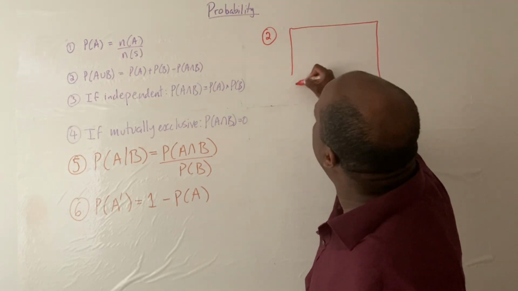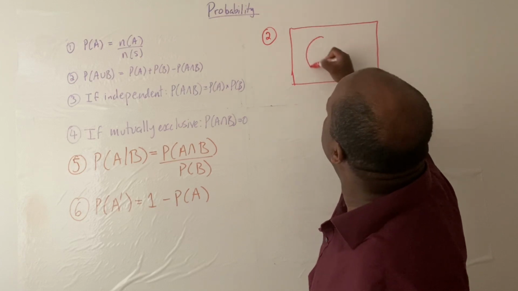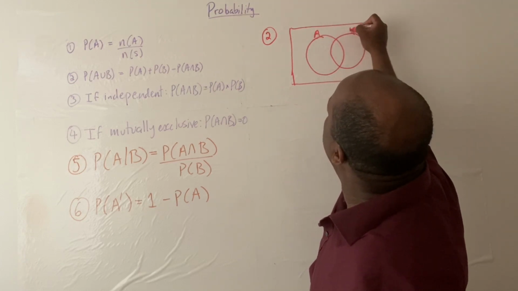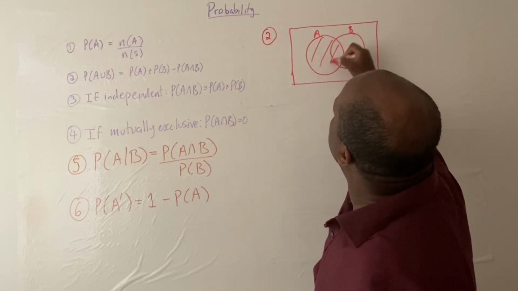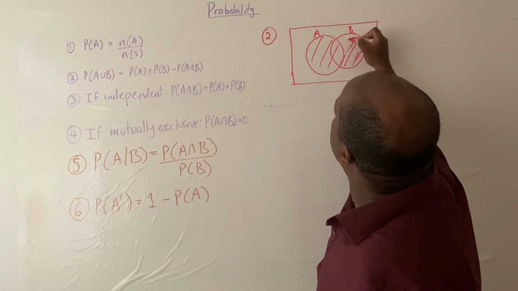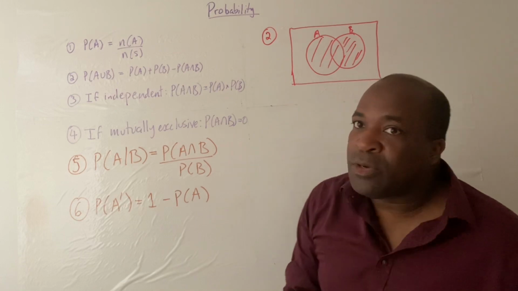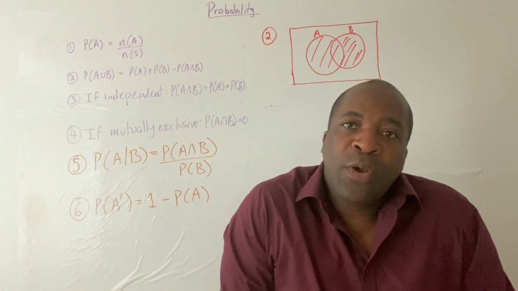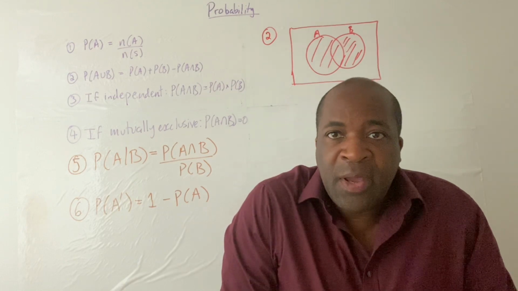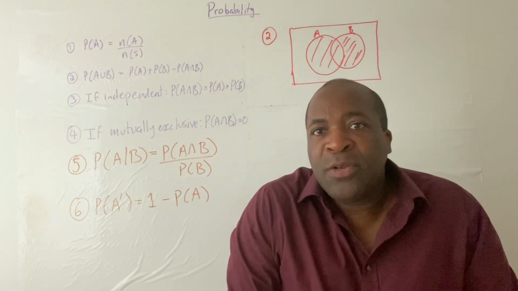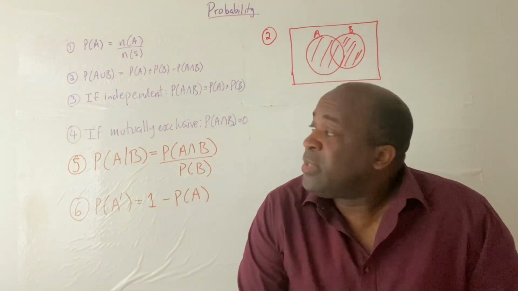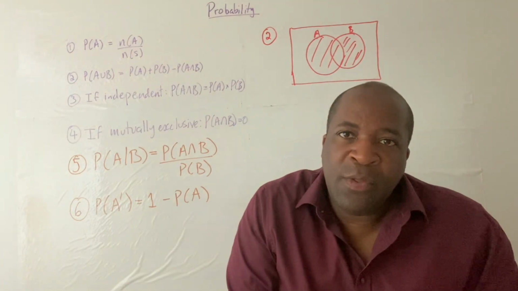If we were to draw this as a Venn diagram, we have A and B there. So A union B is the entire shaded region. We're including A, we're including B, and we're including the overlap. But in order to avoid double counting the overlap, we subtract the overlap once.